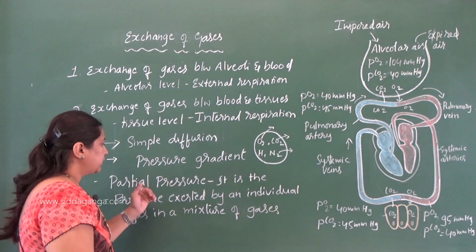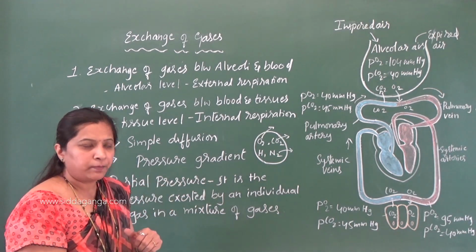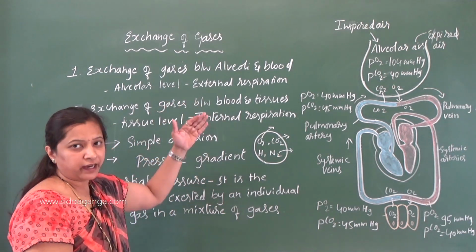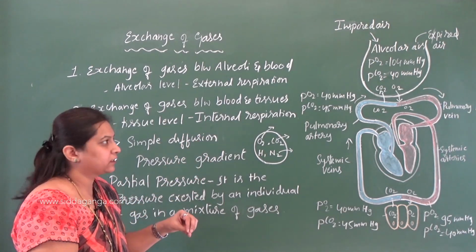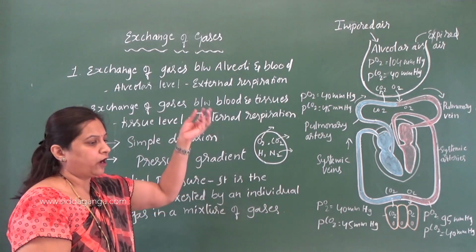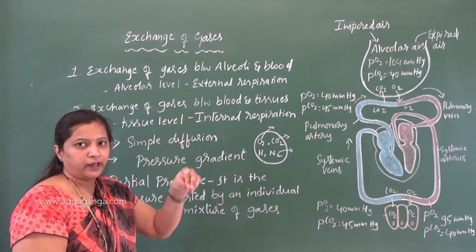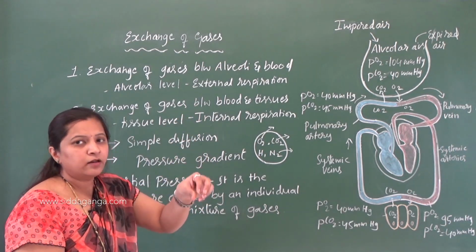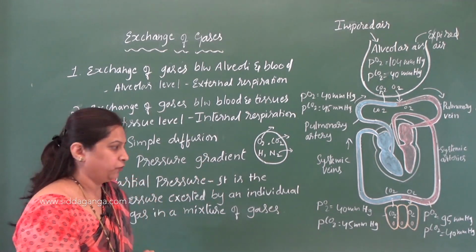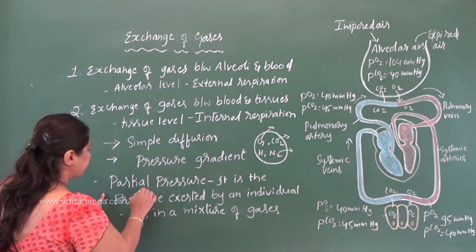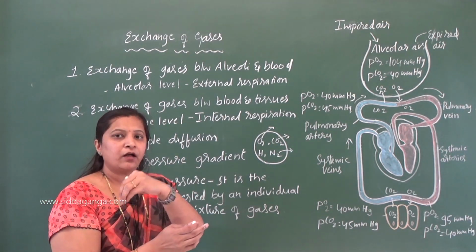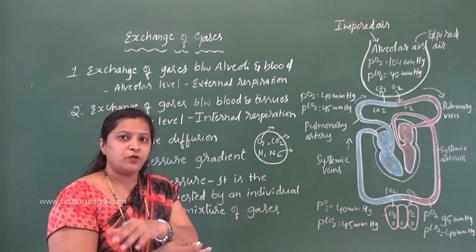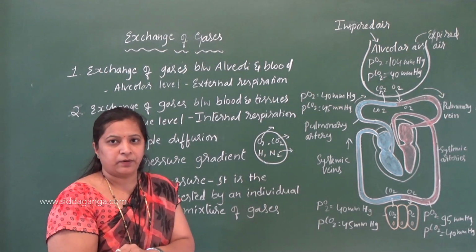So it is due to the difference in the partial pressure that the diffusion of gases takes place. The partial pressure determines the movement of gases from the atmosphere to alveoli, from alveoli to blood, and from blood to body tissues. Understood? The gases will tend to move from a region of higher partial pressure to a region of lower partial pressure.